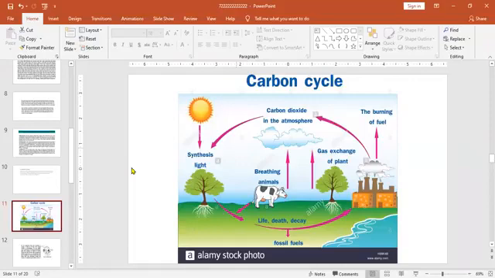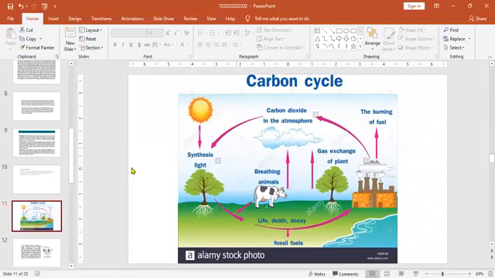Burning of fuel produces carbon dioxide and carbon monoxide. Then there is the gaseous exchange of plants and animals. Animals take oxygen and release carbon dioxide, but plants take carbon dioxide and release oxygen.